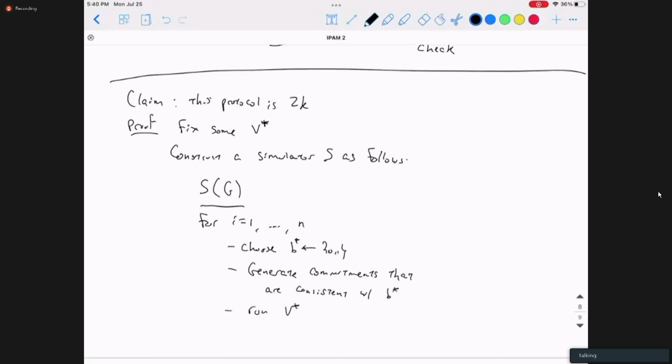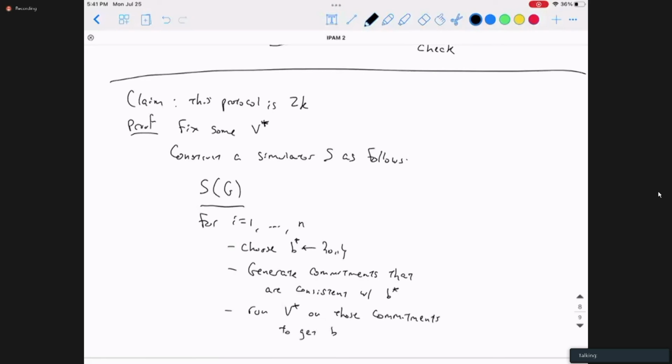We run V star on those commitments. And when we run V star on those commitments, that's as if we're sending V star the first round message. And we get in return its actual challenge bit b. Now there are two possibilities.